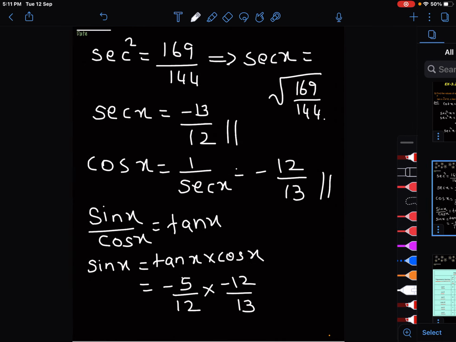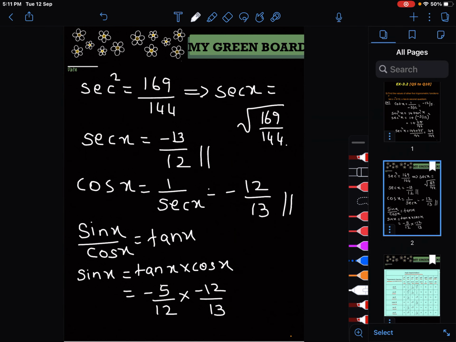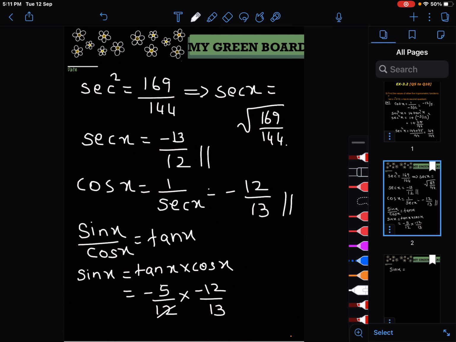Now what you are getting is sin x equal to, see here, 12 will get cancelled, it will become minus 1, and minus and minus gives plus 5 by 13.